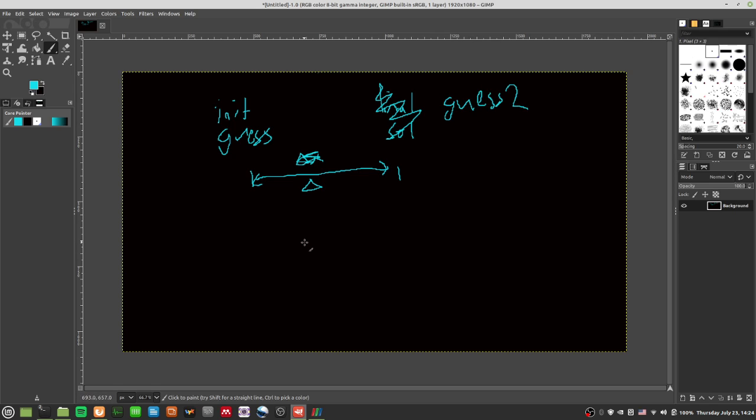So if you have guess 2, this is guess 2 minus initial guess, over guess 2. That will be equal to the residual.